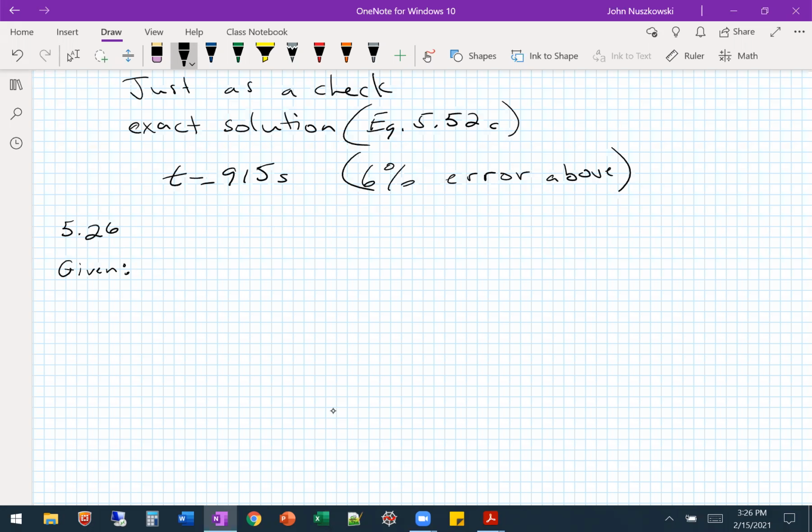The coal pellets are suspended in an airflow and are known to move with a speed of 3 meters per second. If the pellets may be approximated as spheres of 1 millimeter diameter, and it may be assumed that they are heated by radiation transfer from the tube surface, how long must the tube be to heat coal entering at 25 degrees Celsius to a temperature of 600 degrees Celsius? Is the use of lump capacitance method justified?